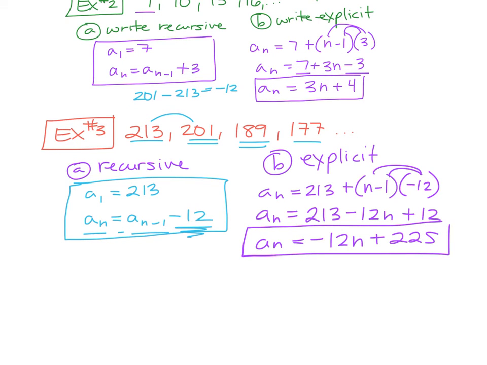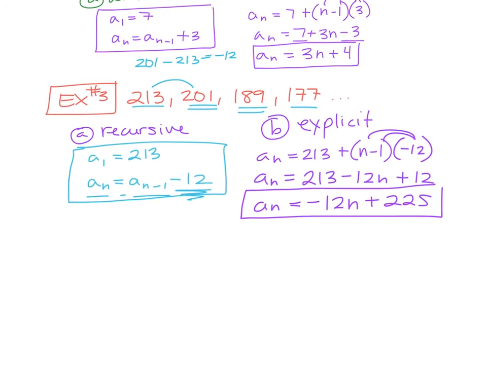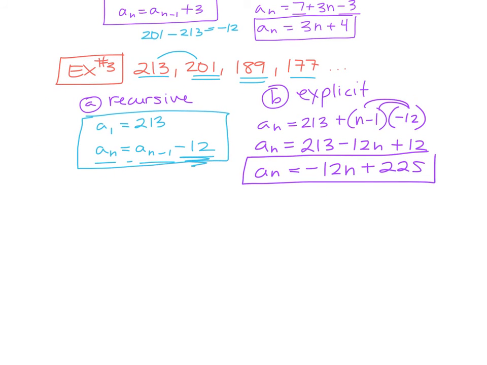Okay. Now, question for you. If they said write the recursive, write the explicit, go from there. Put your phone away. If from that they say, okay, now find the 25th term, which formula are you going to use? Explicit. Okay. If they're asking you for a term that is not like 2 past the one you already have, don't use recursive. Use the explicit.